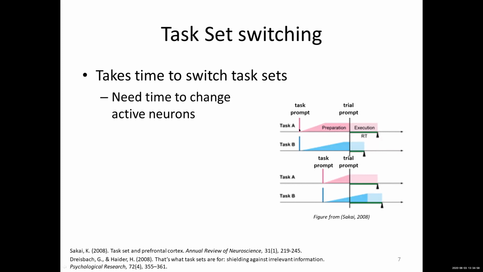So the left line would be me telling you when you see an even number, raise your right hand, and then the black line shows me actually showing you the number. And it takes time to adapt to the prompt of what it is you're supposed to do. If you make the time between the prompt and the actual showing of the number, the trial, short, then it takes you longer to actually respond because it takes you time to prepare for giving that response.